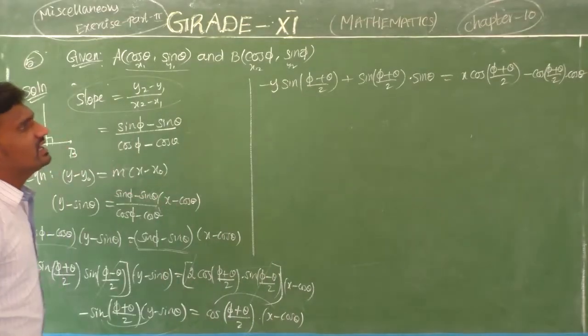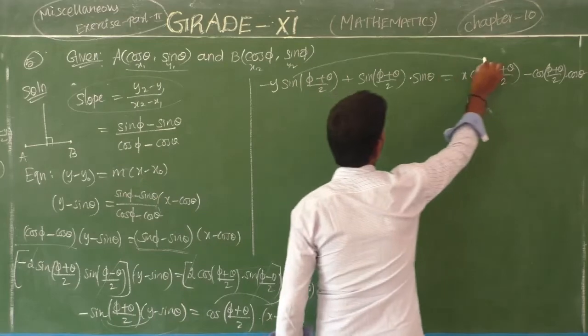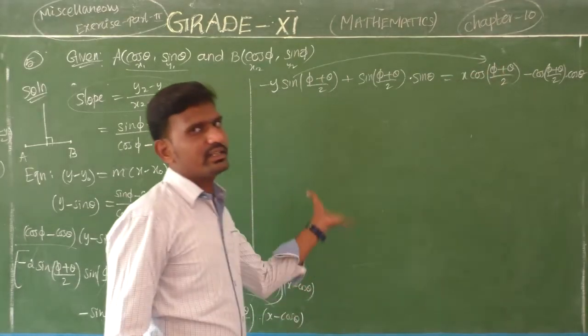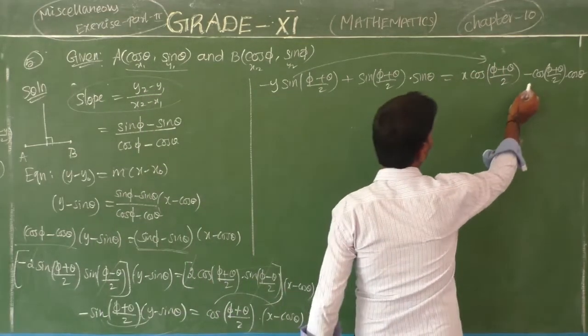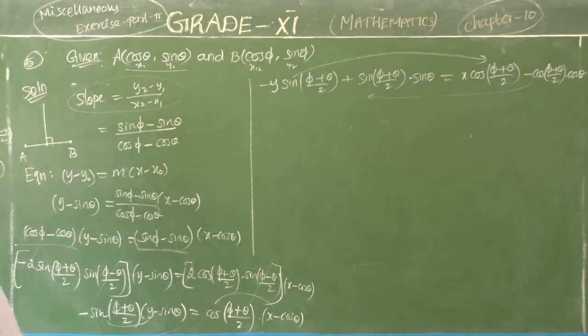Now I am going to shift the terms: minus y moving that side becomes plus y, and minus cos of phi plus theta by 2 coming that side becomes plus.